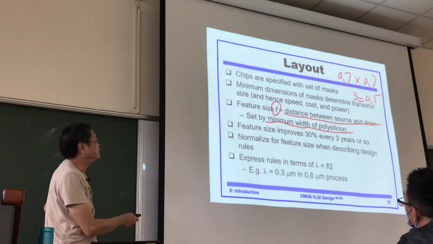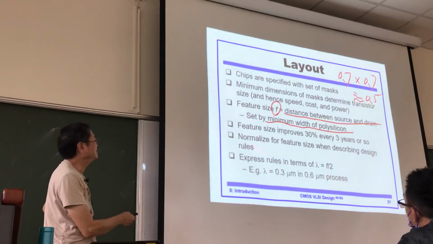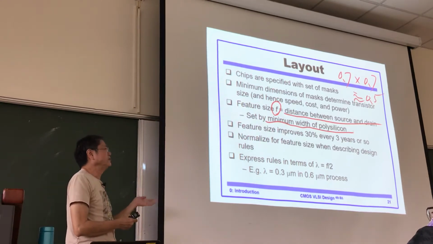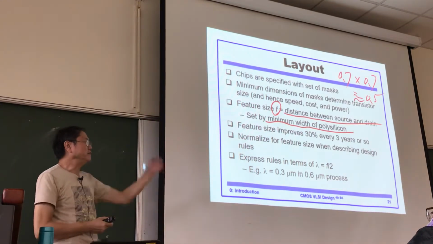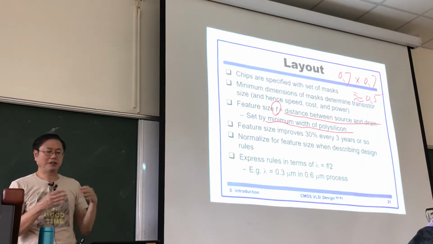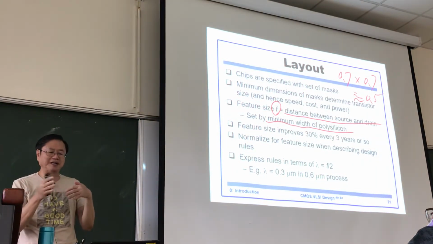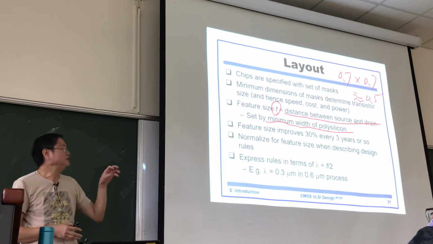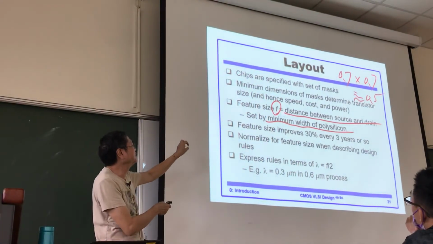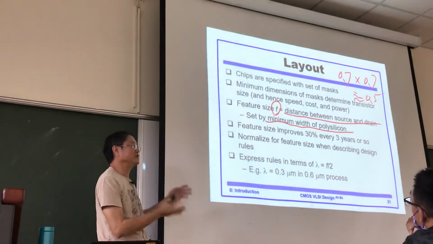A normal line for VLSI when describing design rules: given the same circuit, the same layout, from this generation to the next generation, if your relative geometric features are the same, you simply use F, the VLSI feature size, as the basic unit. You don't have to modify the circuit.